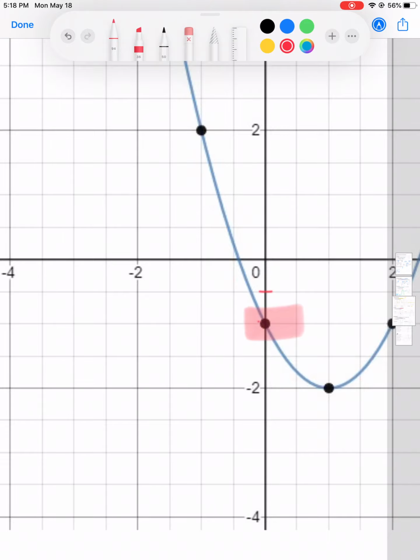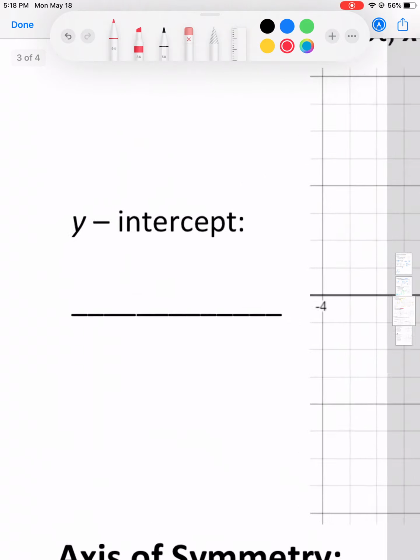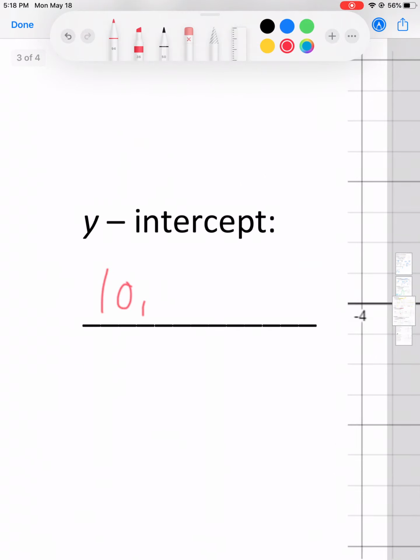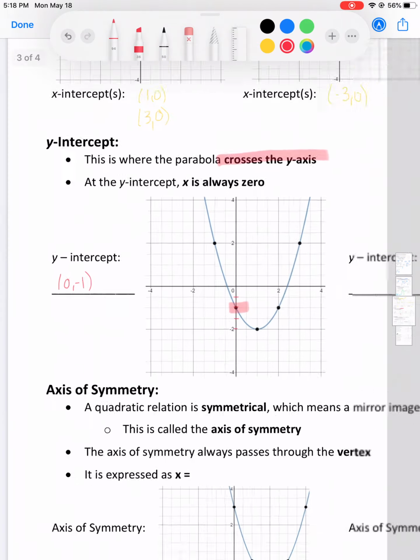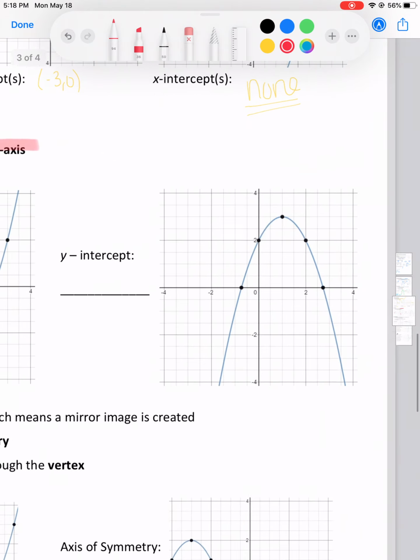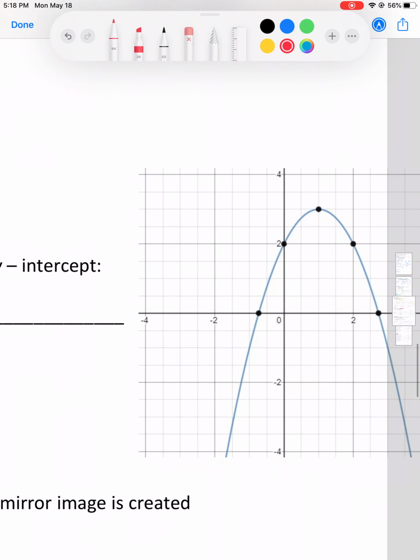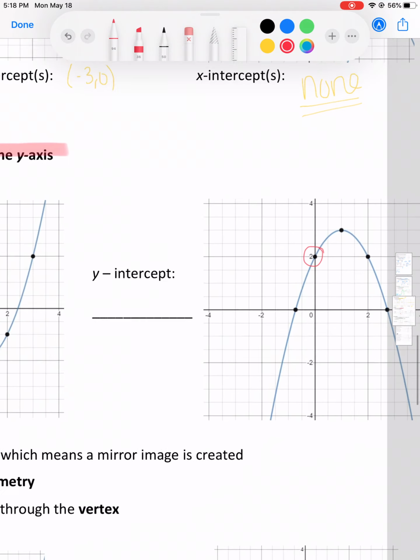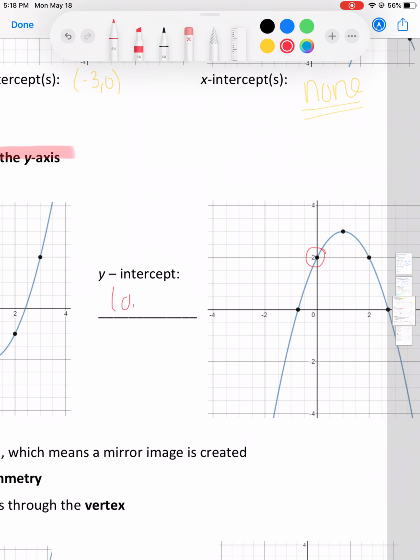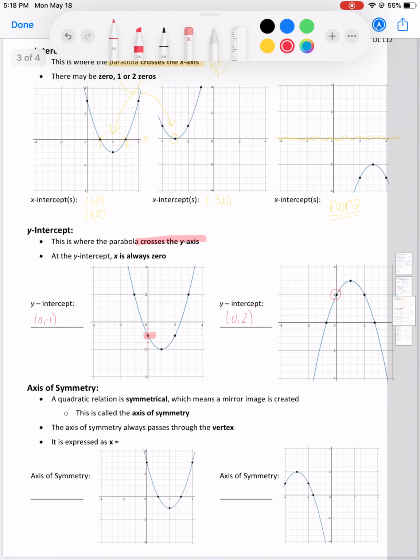That's a half, that's 1, that's 1.5, that's 2. So it's -1. 0, -1. This does play a role, okay? You guys will see it. Let's look over here. What's my y-intercept? It's 2. So 0, 2. I guess that's all I have to say about that one.